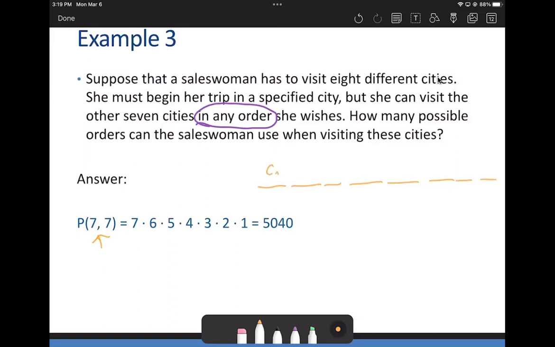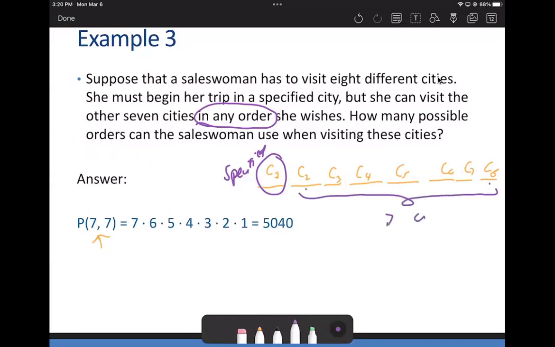So this one is city 1, C2, C3, C4, C5, C6, C7, C8. City 1 is already specified, or predetermined. So we are only concerned with the order of the rest of the cities from C2 to C8. So these are a total of 7 cities.